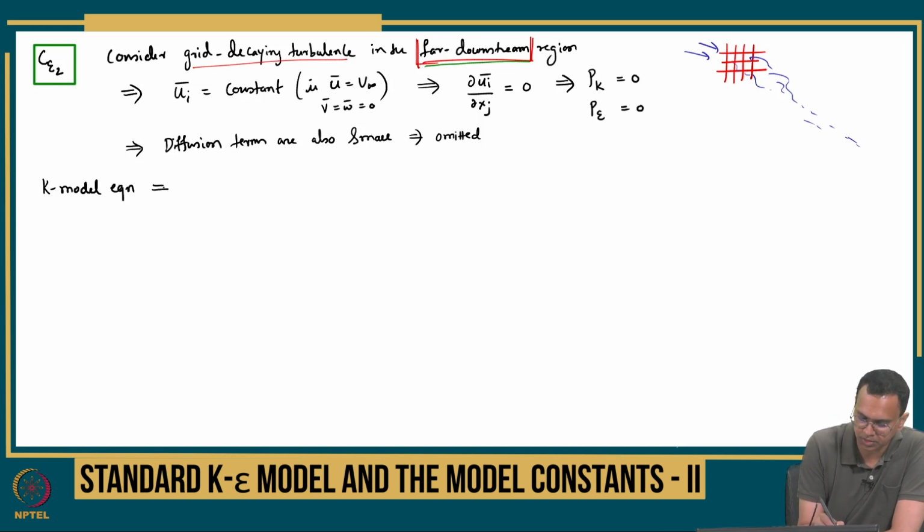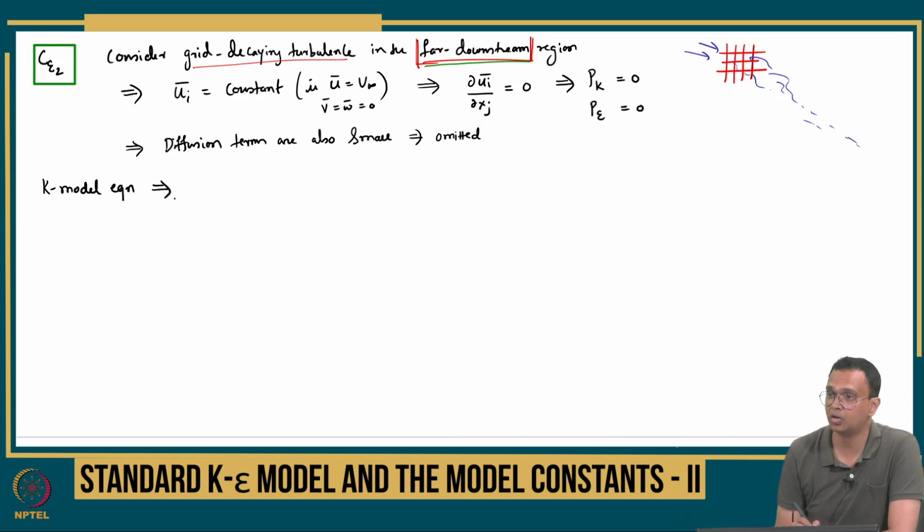The K model equation essentially reduces to this. On the left hand side, it is statistically stationary far downstream, so the dou by dou t term, dou k by dou t, is 0. There are only 3 advective terms. Your u bar, or u infinity, is present, and v bar, w bar are 0 far downstream of a decaying turbulence.